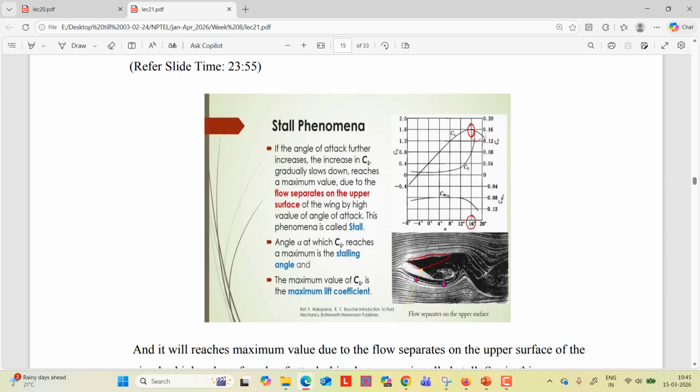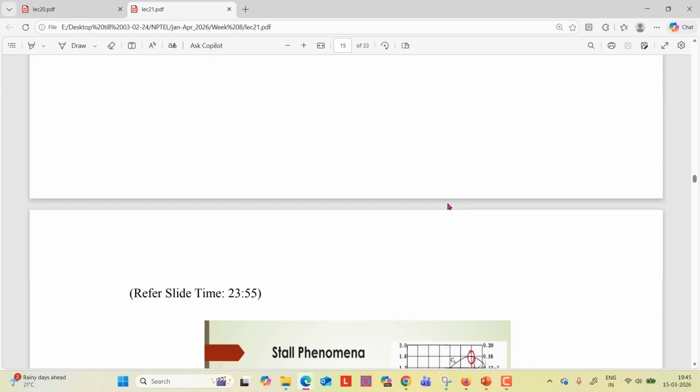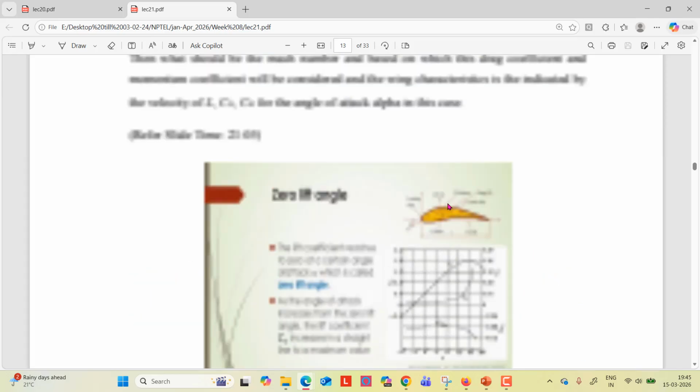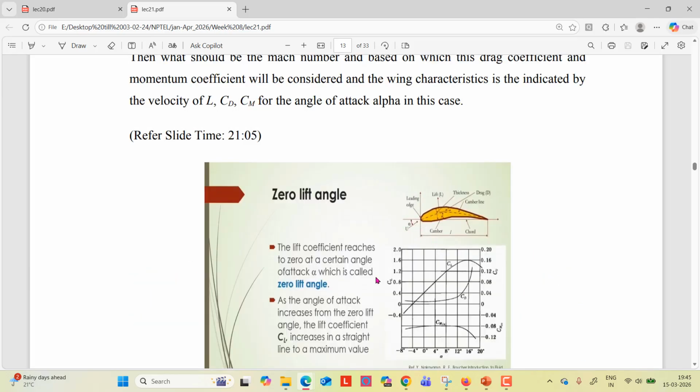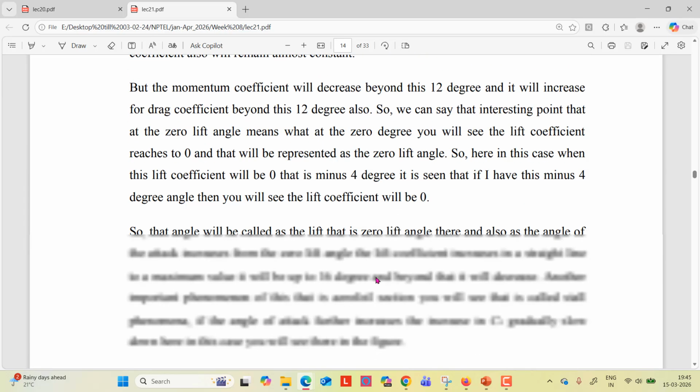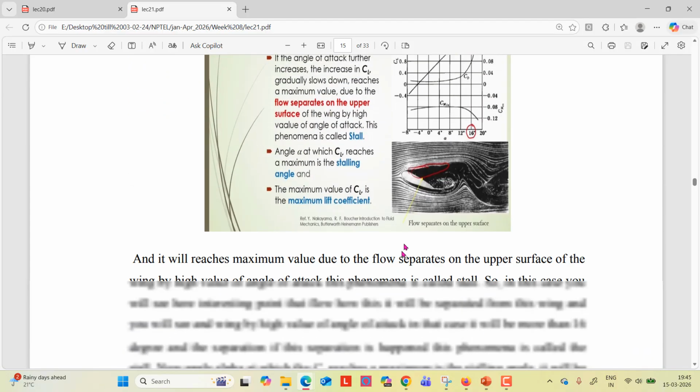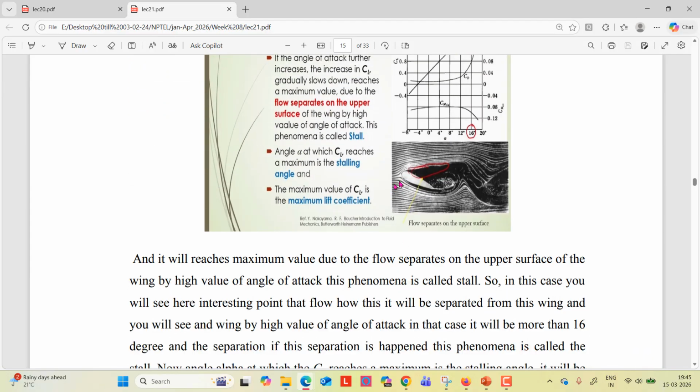So you can see here the angle of attack is going high. This alpha is very high at this position, so the flow separation happens. In this region, the fluid is not reaching.